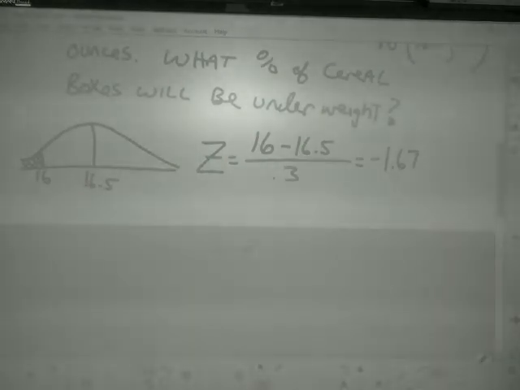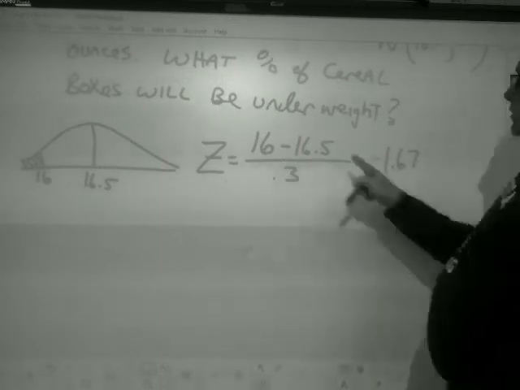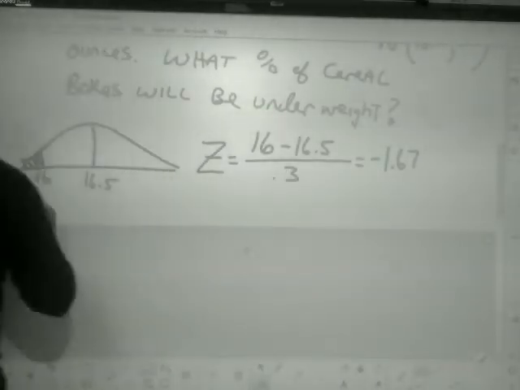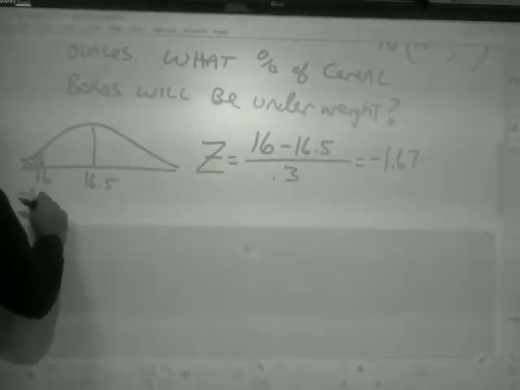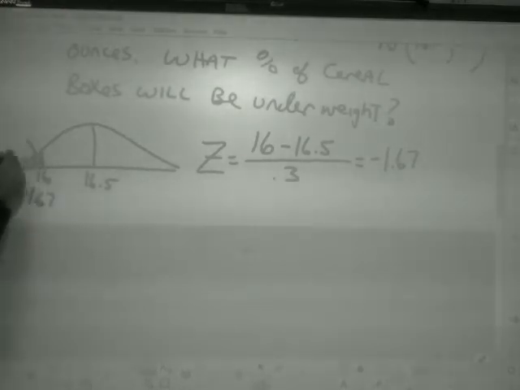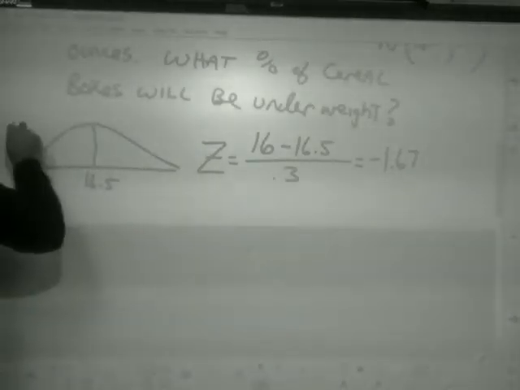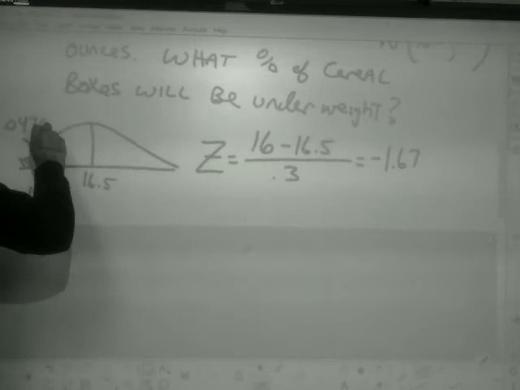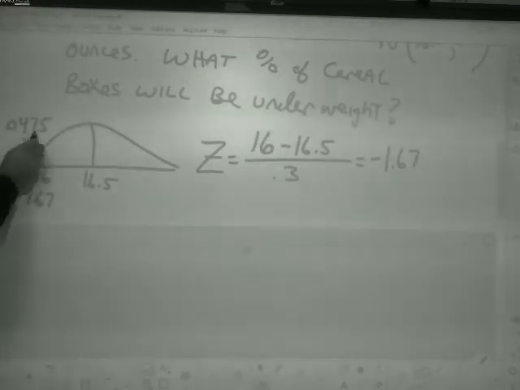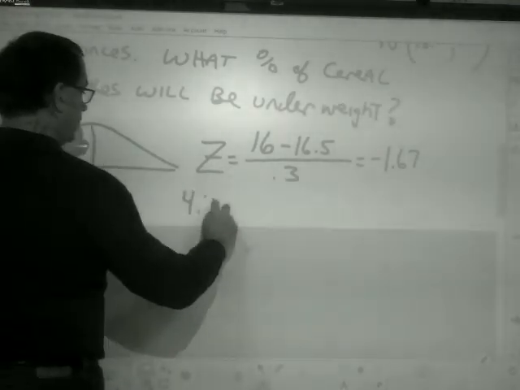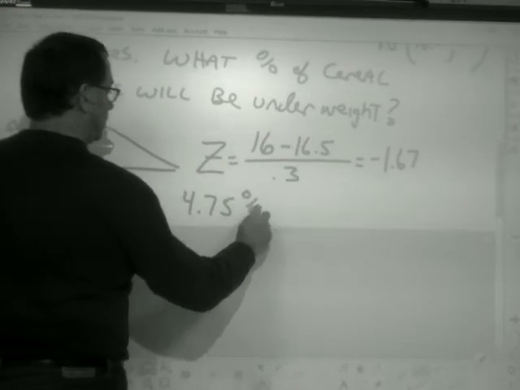And if I look at negative 1.67 z-score, this tail then is 0.0475 when I look that up in the chart. So 4.75%.